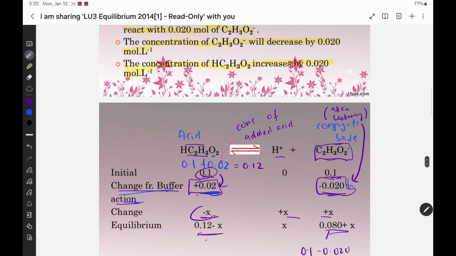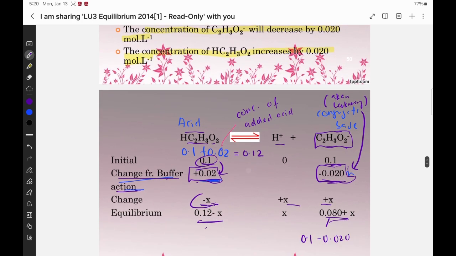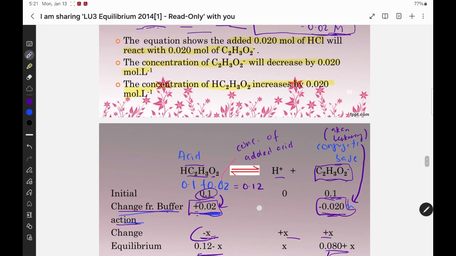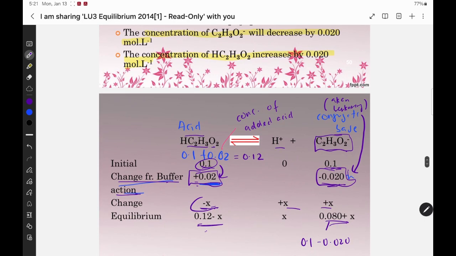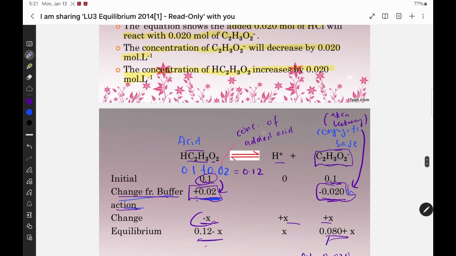As for the change for buffer action here, the reason why acid is plus 0.02 while conjugate base is minus 0.02 is because we added the acid to the initial just now.